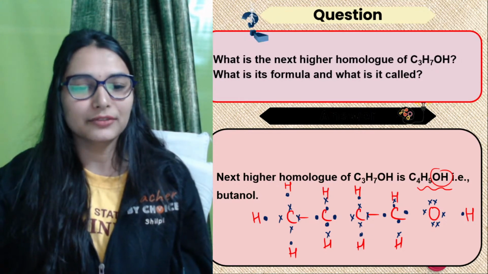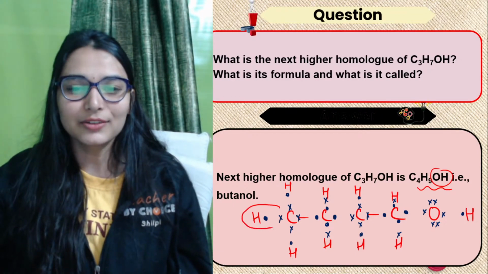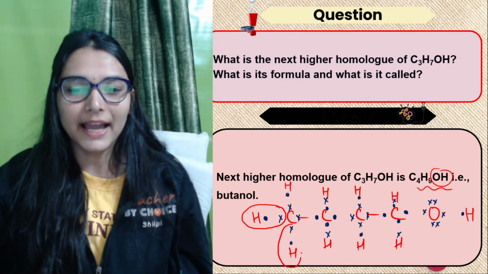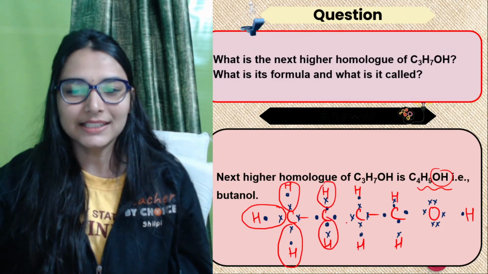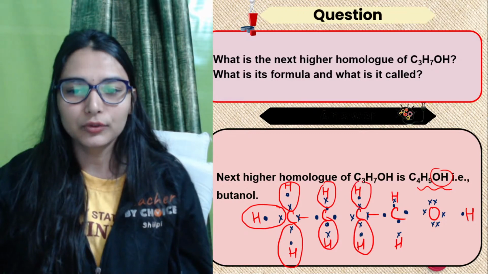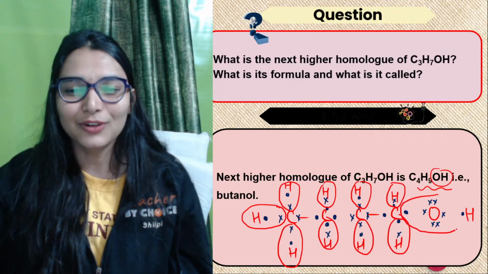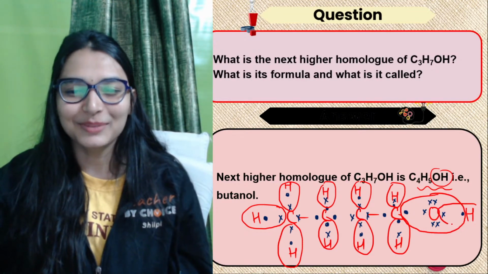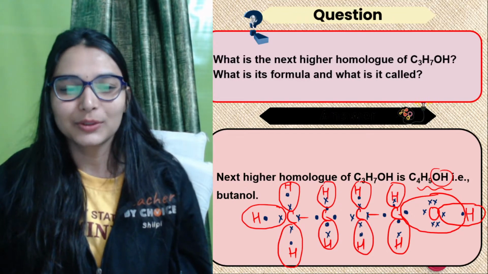Now, if you have sufficient time in the exam, which I believe you will, then also show this is the duplet of hydrogen, another hydrogen, another hydrogen. Continue this and show the octet of the carbon also. That's a very big electron dot structure. I hope CBSE doesn't ask this in the exam, but you should always be prepared for the worst scenarios.